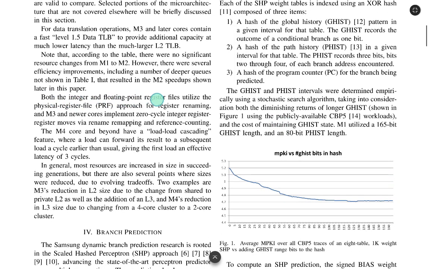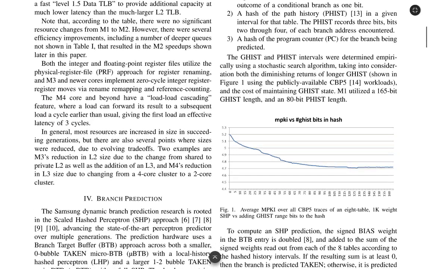Both the integer and floating point register files utilize the physical register file (PRF) approach for register renaming, and M3 and the newer cores implemented zero-cycle integer register-to-register moves by renaming, rewrapping, and reference counting. The M4 core and beyond have a load-load cascading feature, where a load can forward its result to a subsequent load a cycle earlier than usual, giving the first load an effective latency of 3 cycles.